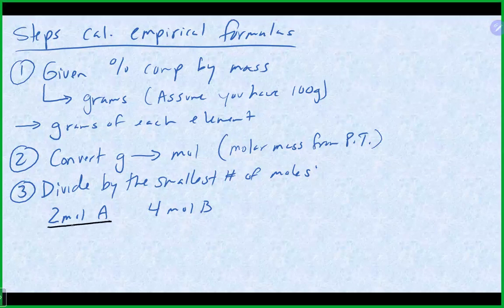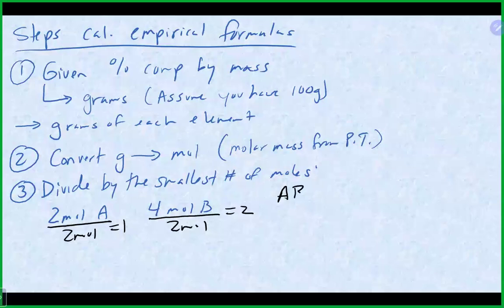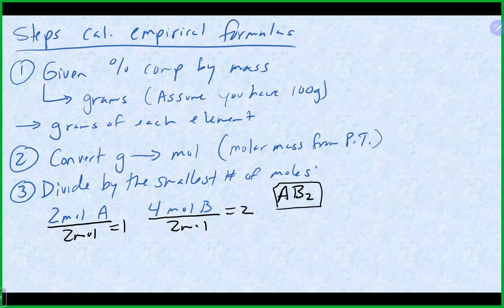So we would divide this guy by 2 moles, which is the smallest. We would divide this guy by 2 moles, which is the smallest. And we will end up with a 1, obviously, for A, and we would end up with a 2 for B. And if you do this and you end up with whole numbers, that is going to be your empirical formula. So your empirical formula in this made-up example would be A1 B2.